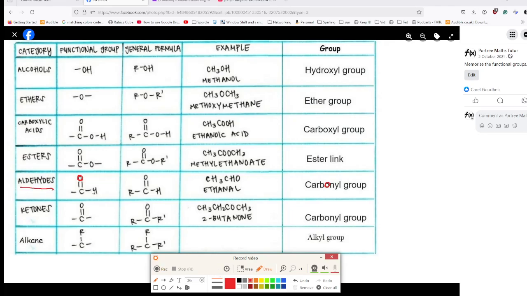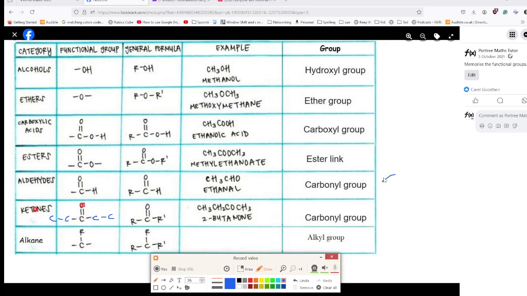In an aldehyde it gets stuck on at the end, and in a ketone it gets stuck on in the middle. So as you can see, there's an O in the middle of ketone, and that's where the oxygen gets stuck on in the middle. So there'd be more carbons going this way. And this one here, the oxygen gets stuck on at the end.